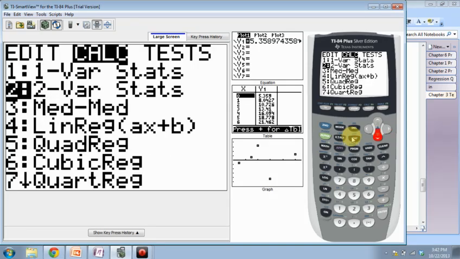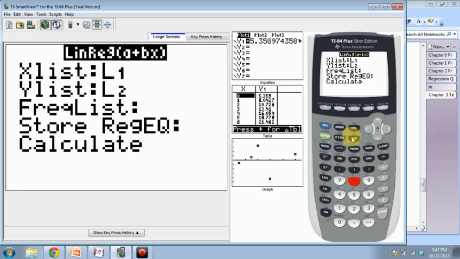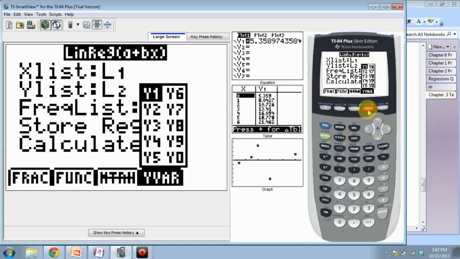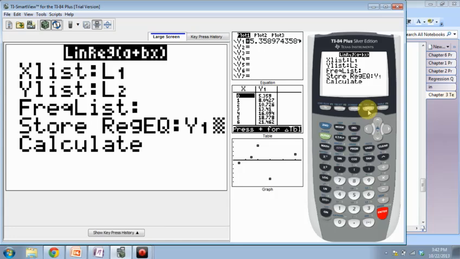when you do the LSRL here, now I gotta wait for the calculator to catch up. When you do the LSRL here, you have to put Y1 there. So we're talking about how do you get the LSRL to show up in your scatter plot.